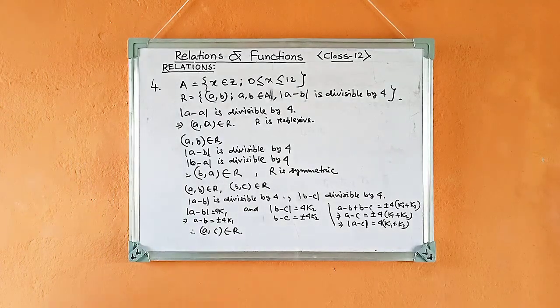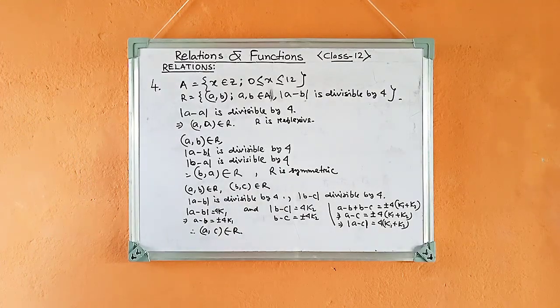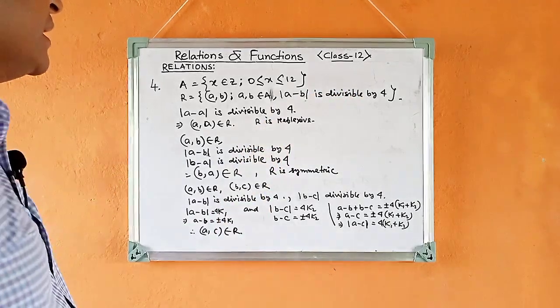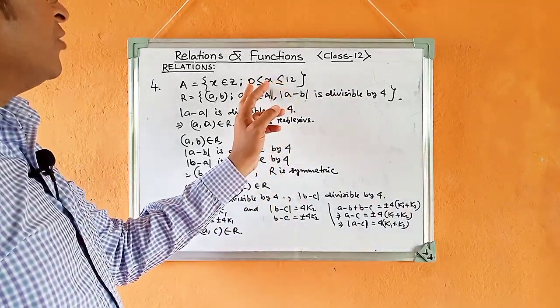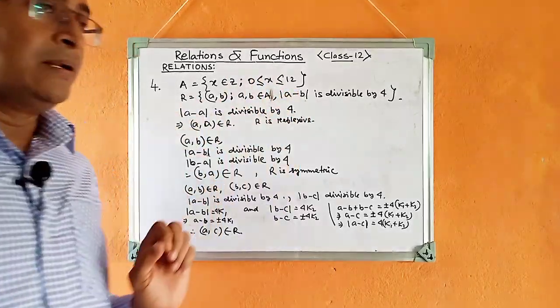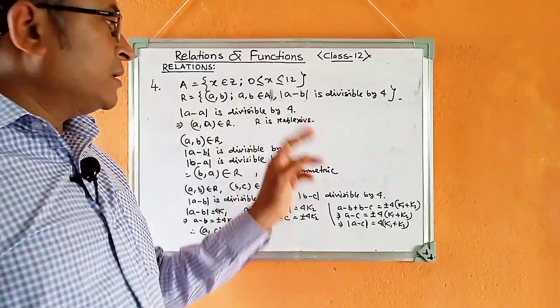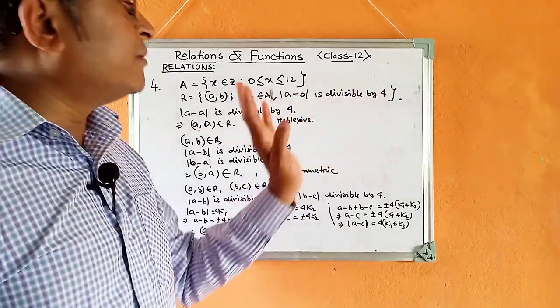The second question is to find the set of all elements A related to 1. See carefully, related to 1 means A minus B is divisible by 4, where the value of x is 0 to 12. If A is 1, then B is 5: 1 minus 5 is 4, divisible by 4.